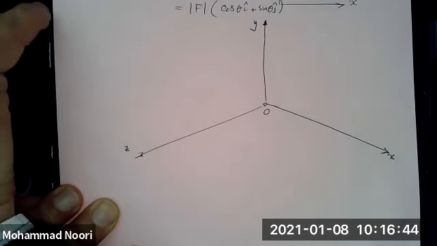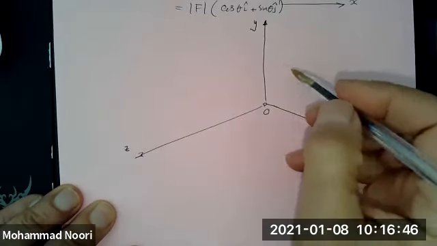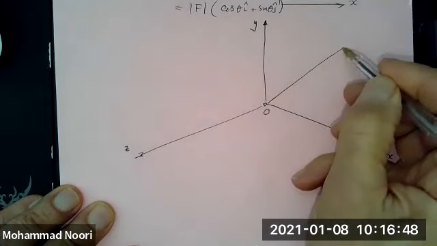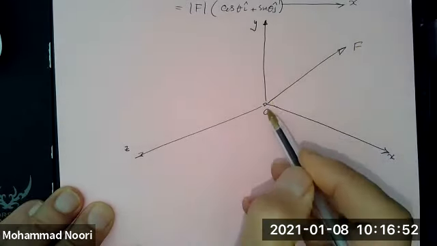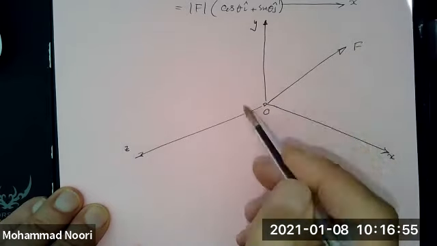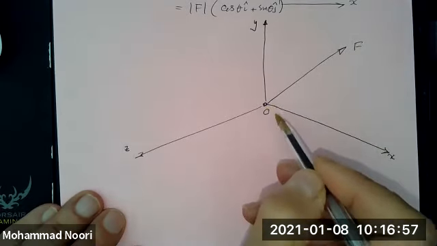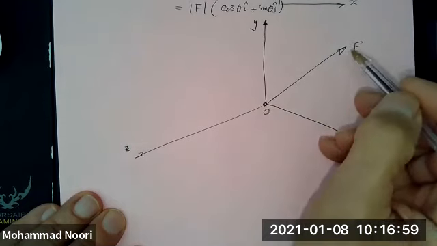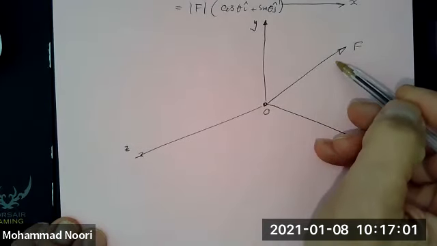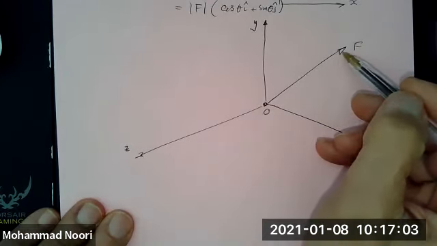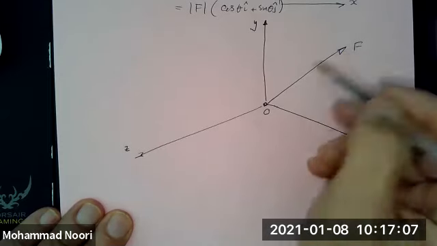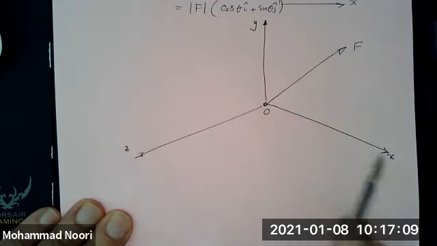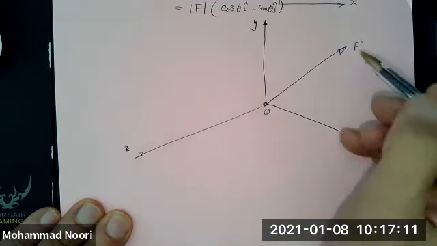All right. So let's say you have a force F, and you set up the coordinate system so that the origin is along the direction of F. First of all, the definition of the components of a force acting in space, or the x, y, z components, is this.